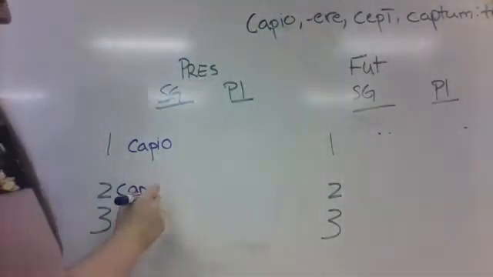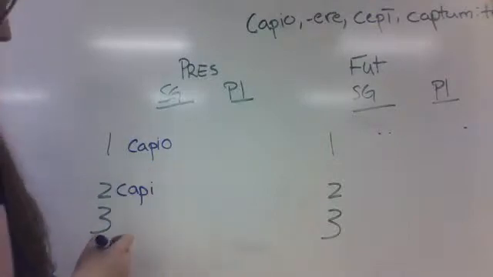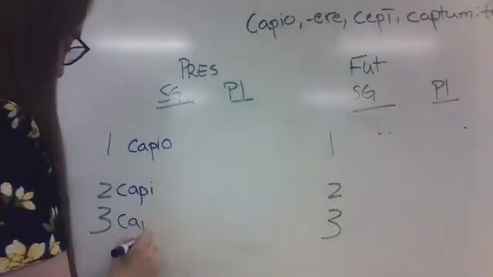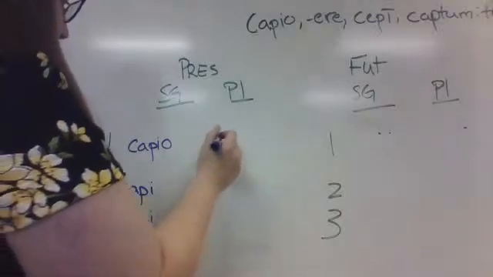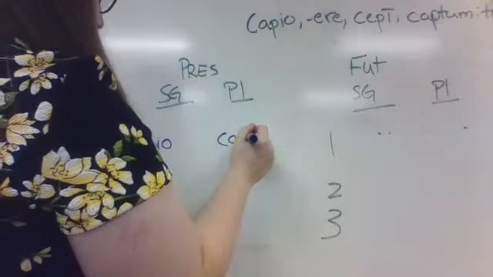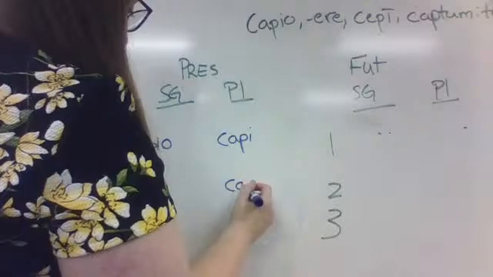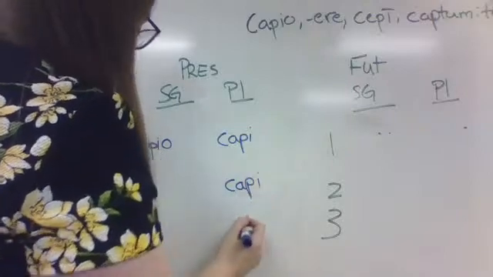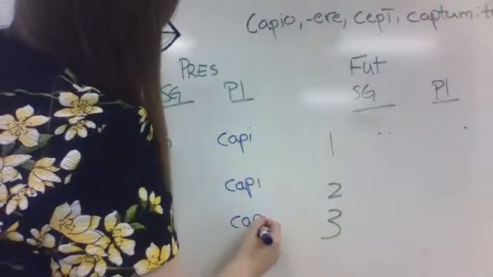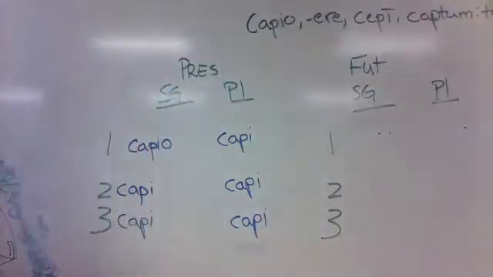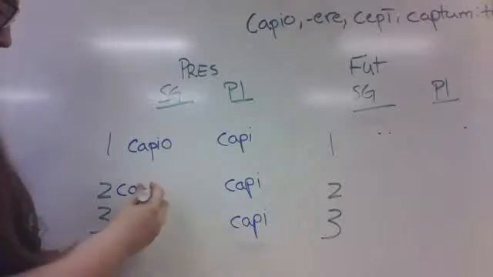That E turns into an I because it's third conjugation. And then we just put on our endings.